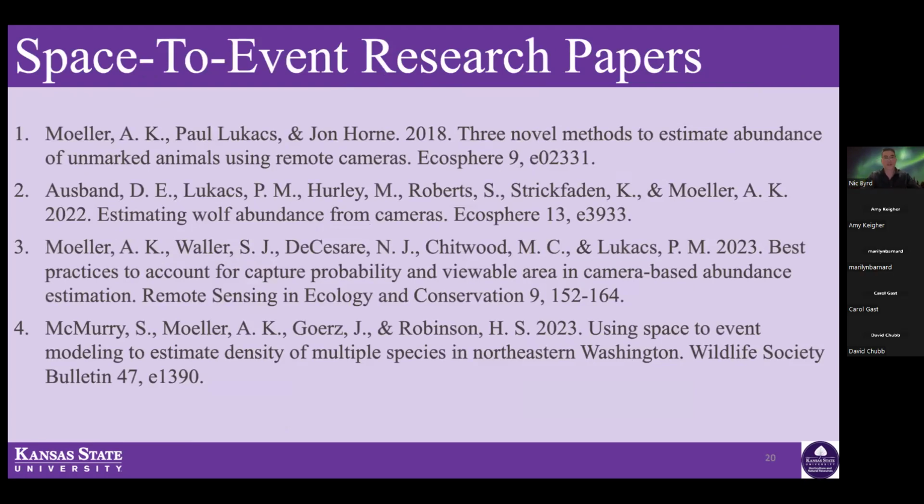These are the papers that we were referring to for our space to event models. The first one was the development of these three novel methods. So the first one being time to event, second being space to event, and the third being instantaneous.